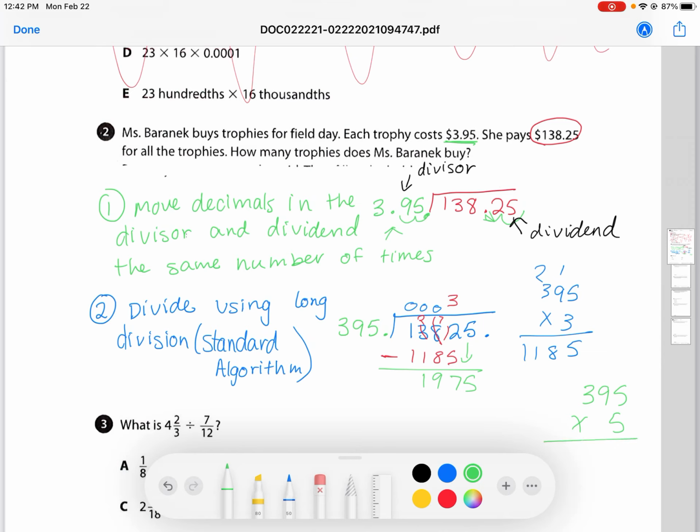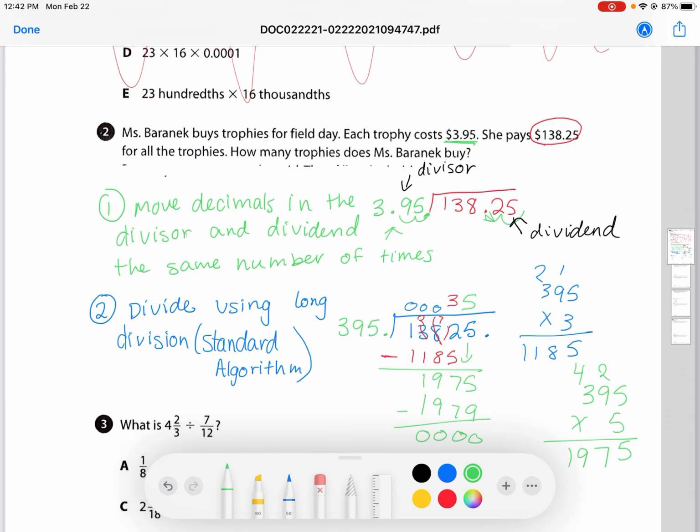5 times 5 is 25. 5 times 9 is 45 plus 2 is 47. 5 times 3 is 15 plus 4 is 19. So 395 fits inside of 1,975 5 times, and it comes out to exactly 1,975.